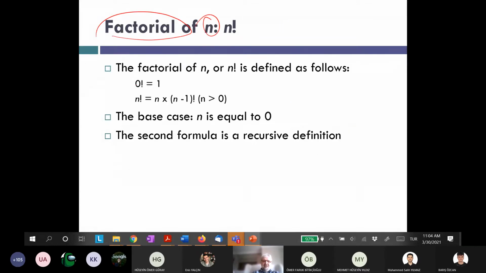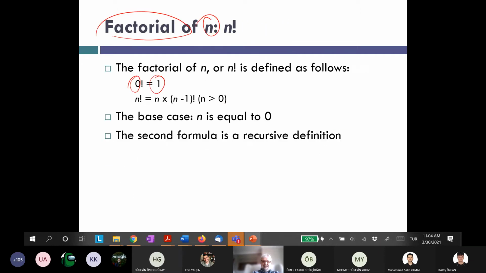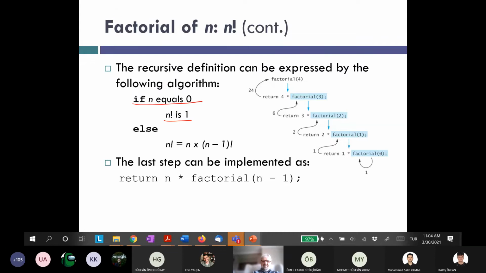And as you see here, if n is 0, the result is 1. If n is equal to 0, n factorial is 1. Otherwise, if n is greater than 0, we have to calculate n minus 1 factorial recursively and multiply with n to find n factorial, right?